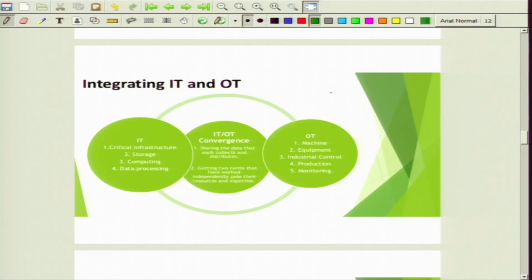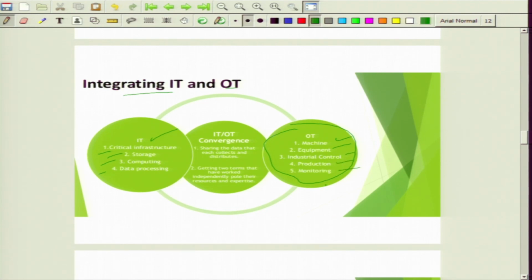And then integrating IT and OT, information technology and operation technology, a very important aspect. IT is information, and OT is operation technology associated with machines. So, there is information data and there is also machine connected. So, actually it is a marriage between IT and OT, it is very important. Critical infrastructure, storage, computing, data processing, these are the part of IT, and there is OT, which is the machine aspect: equipment, industrial control, production, monitoring.